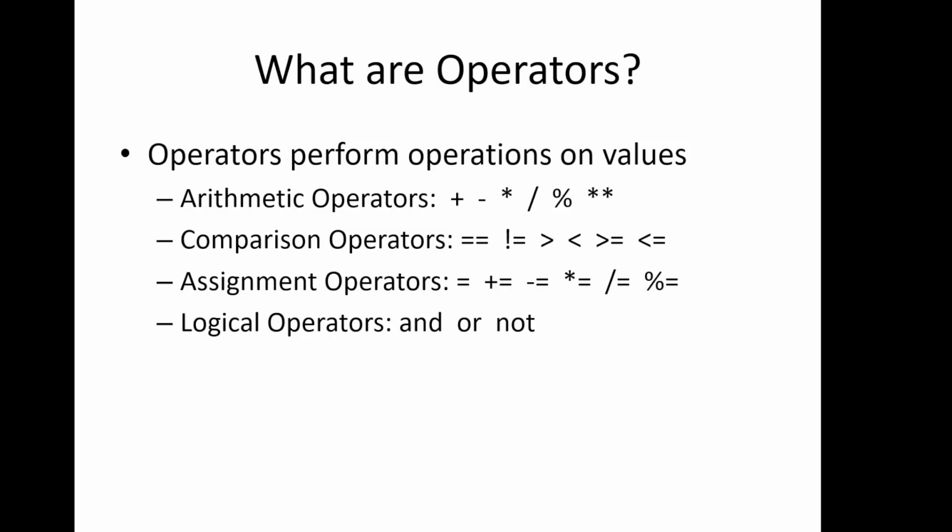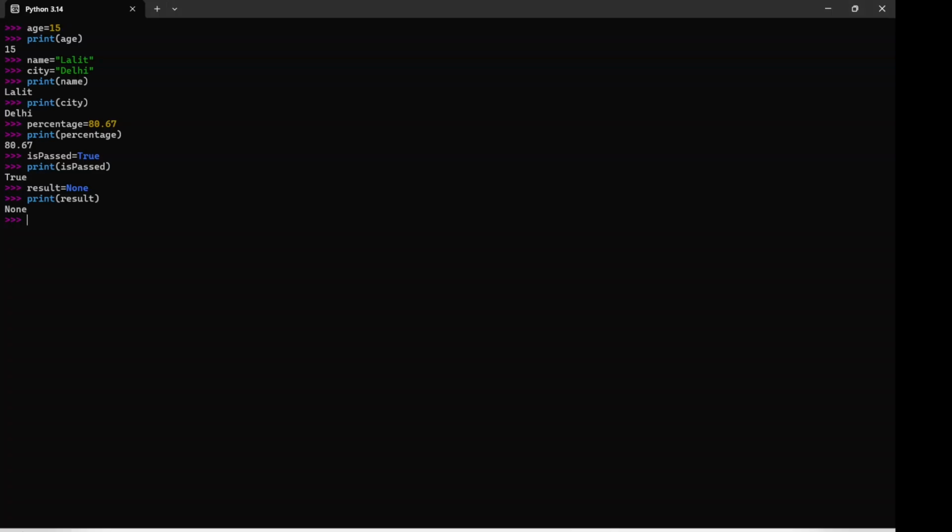Let us see an example. First, we will see arithmetic operators. So print 10 plus 5. With the help of the plus symbol, we tell Python to add 5 into 10.